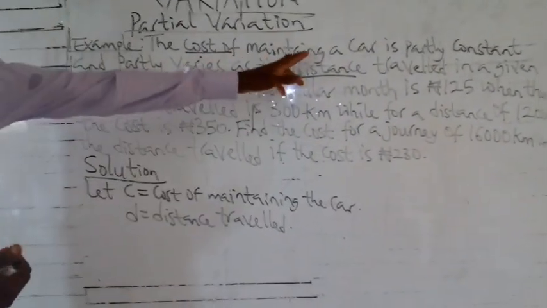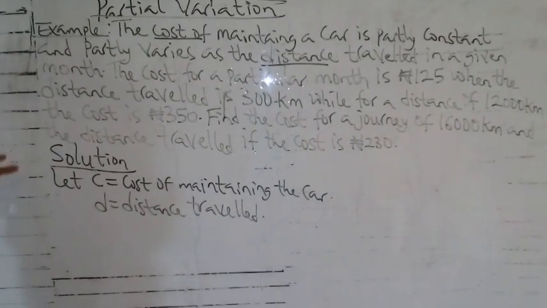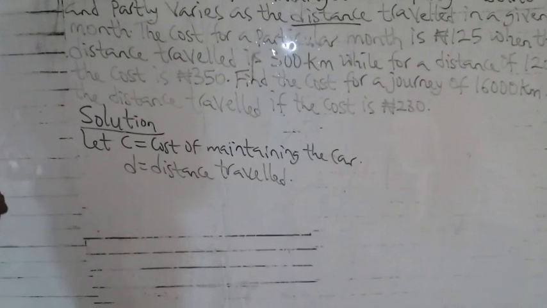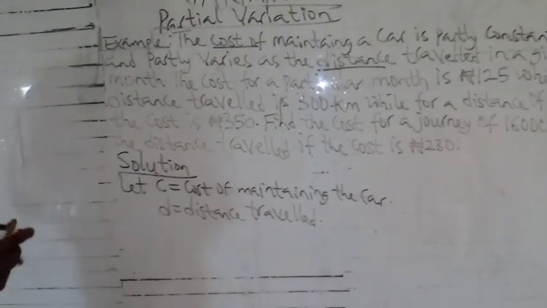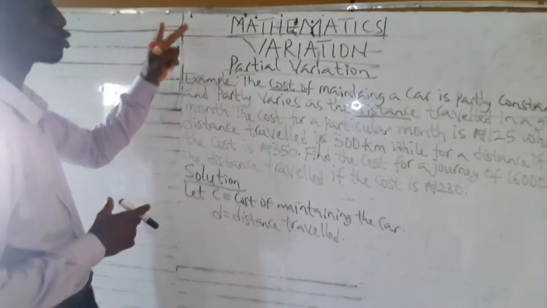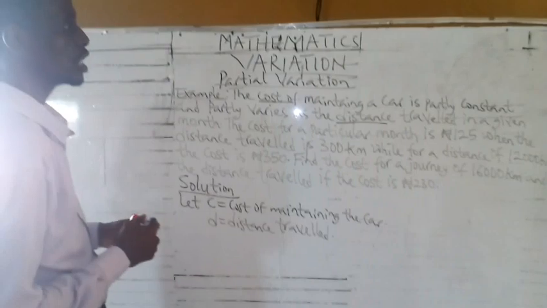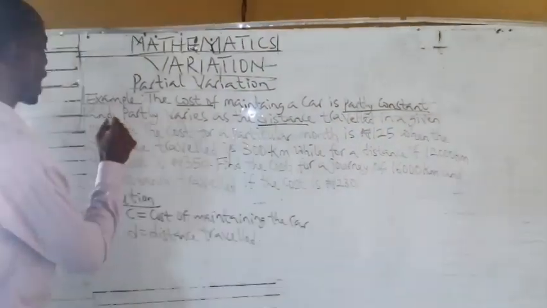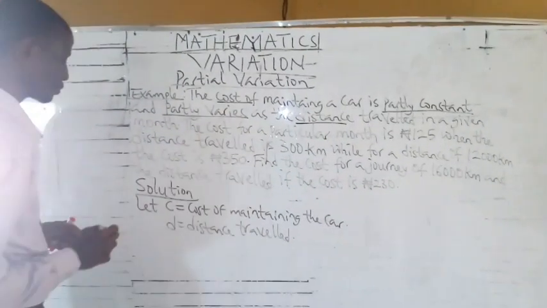The cost of maintaining a car is partly constant and partly varies as the distance travelled in a given month. Now I said solving partial variation involves introducing 2 constants, and I want you to look at the words partly constant and partly varies.